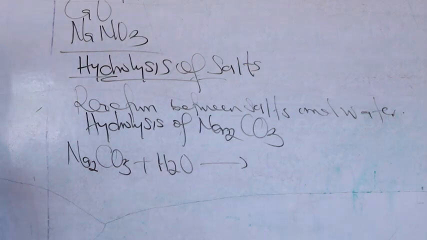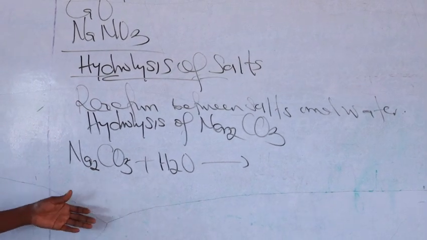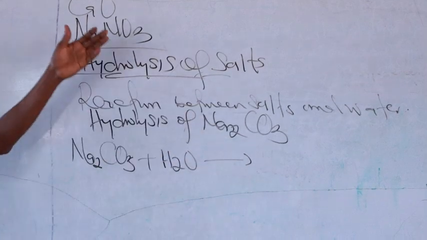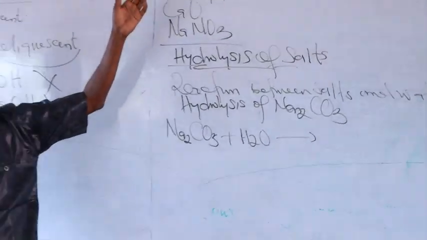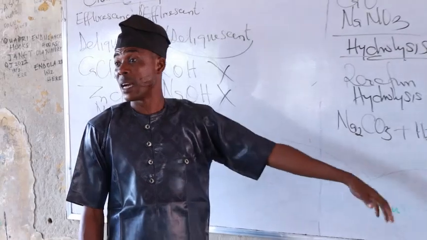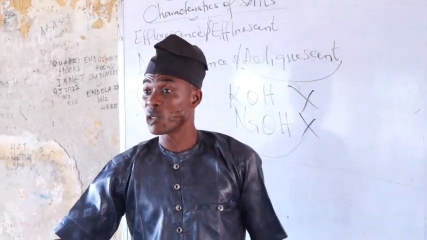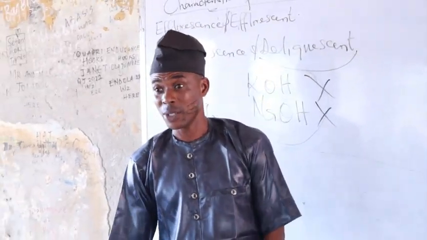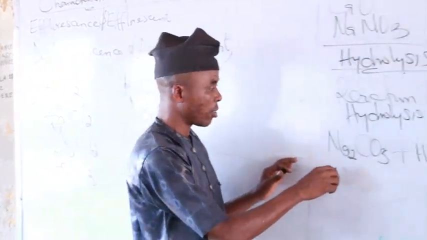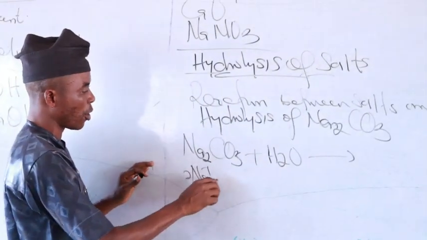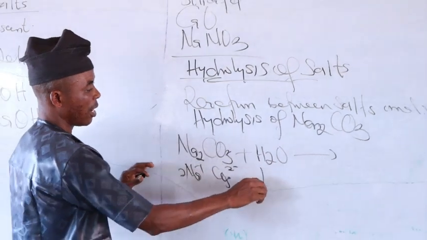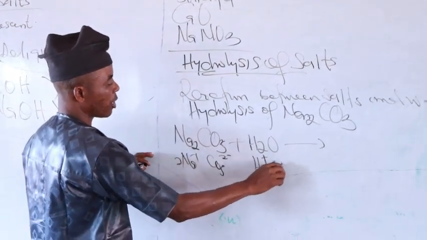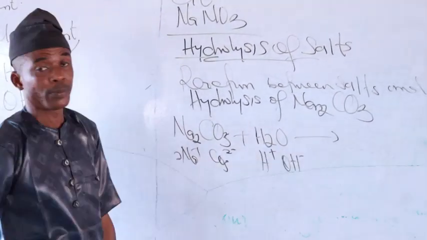During hydrolysis, you expect each of these substances to break, just like I've explained in double decomposition. And there's going to be an exchange of the ions to give the resulting acid and base. So this will give us 2Na+ and CO3 2-, and water into hydrogen ion and the hydroxyl ion.